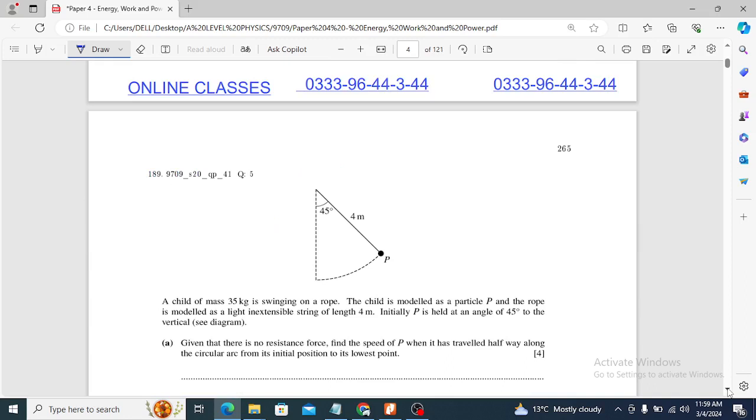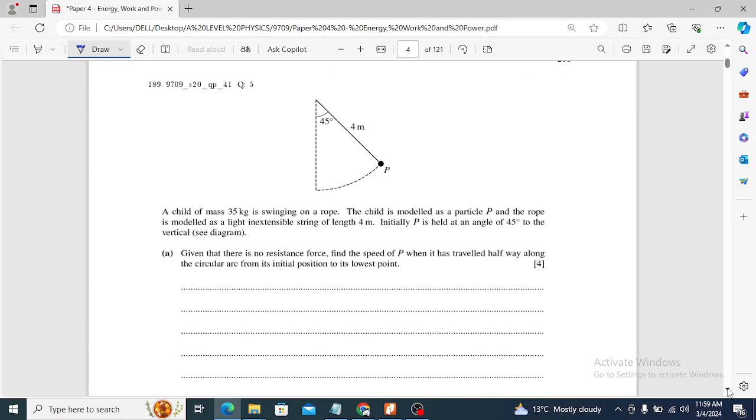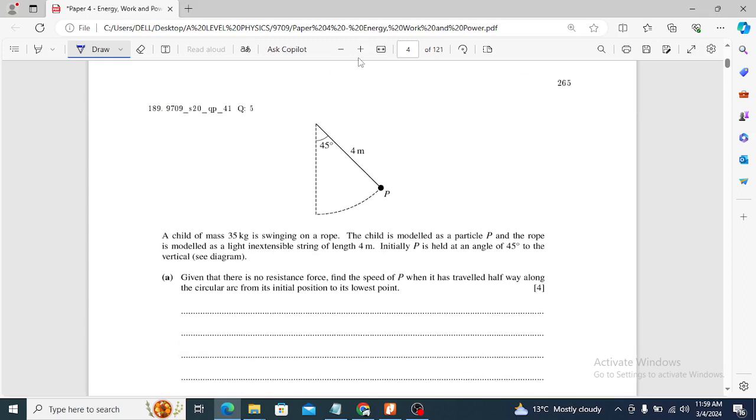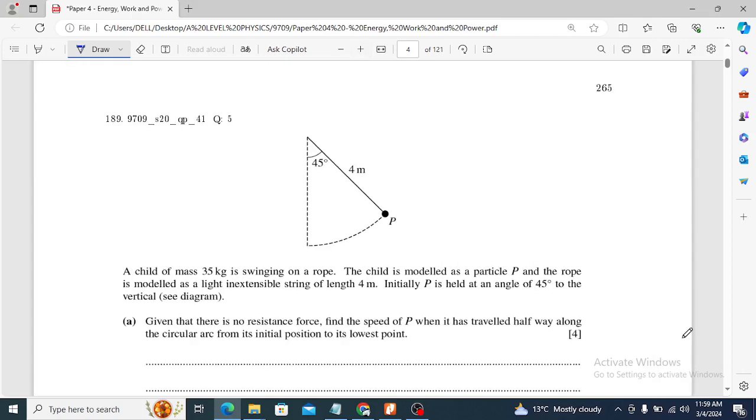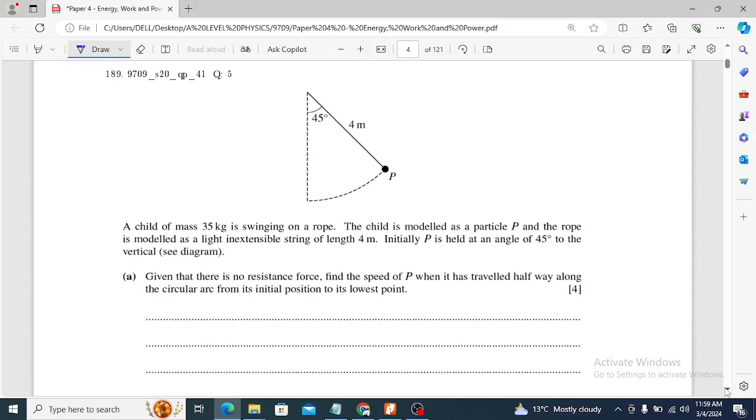Now coming to the next question. A child of mass 35 kg is swinging on a rope. The child is modeled as a particle P and the rope is modeled as a light inextensible string of length 4 meter.